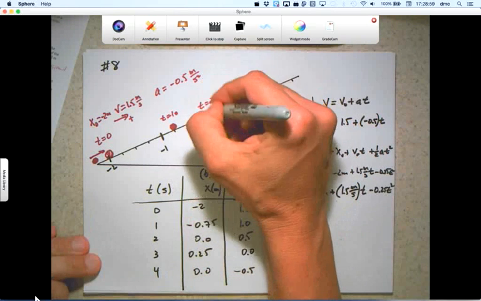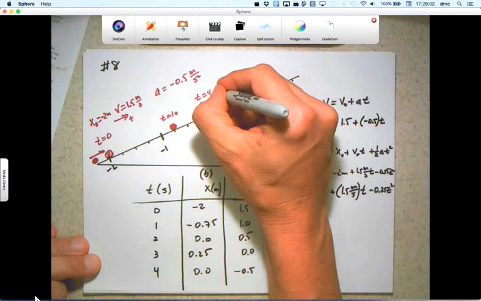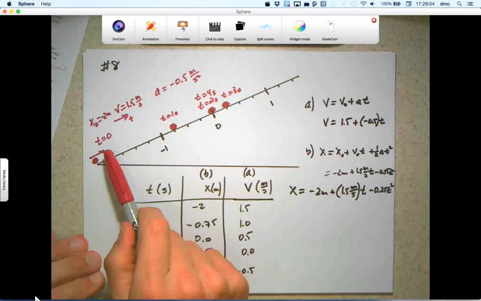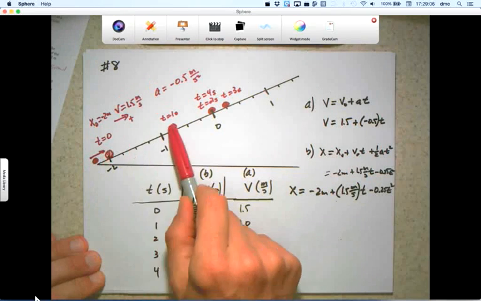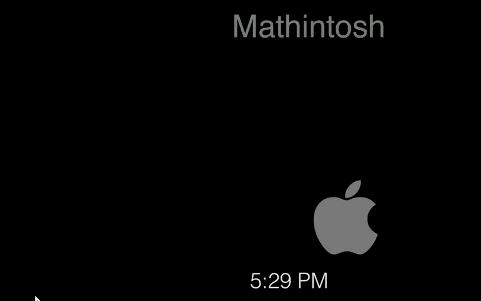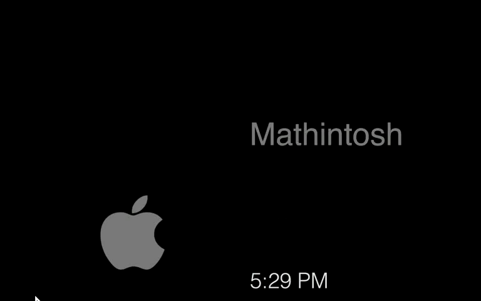So it basically is pushed, it starts here, and it's slowing down. You'll see each second it's traveling less distance because it's slowing down. So it goes a positive distance, then a smaller positive distance, and an even smaller positive distance. It stops here at t equals 3, and then it comes back. So the displacement from t equals 3 to t equals 4 is negative. So it goes back in the negative direction. And that takes care of that.